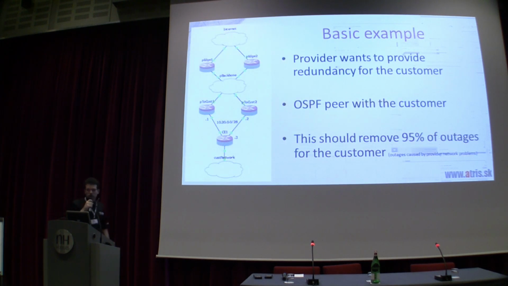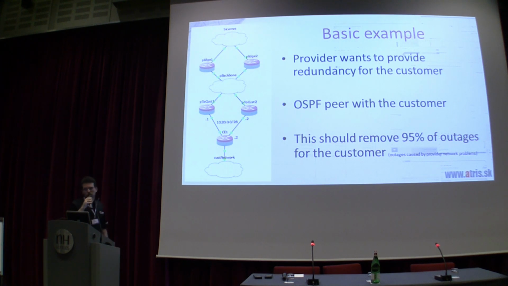So, for an example topology, a basic example: if a provider wants to provide redundancy for the customer, just peer with OSPF with the customer, create a separate area for your customers, set it as a totally stubby area, and peer with the customer. The customer router has a /28 subnet here. The provider has two routers with two separate links to the customer. One of them might be wireless, the other might be fiber.